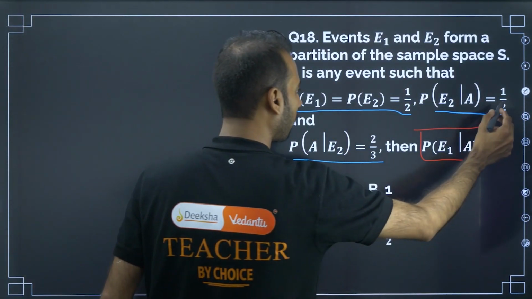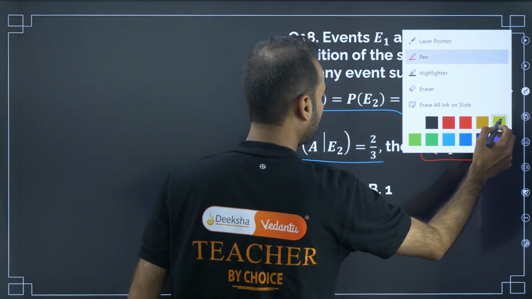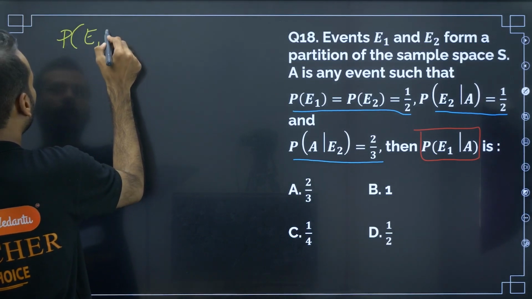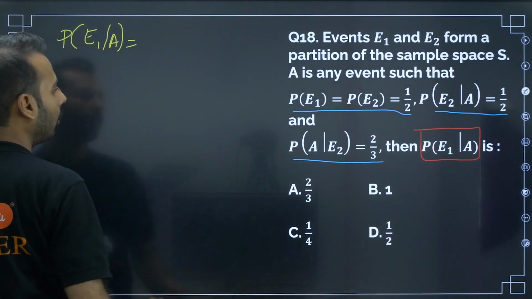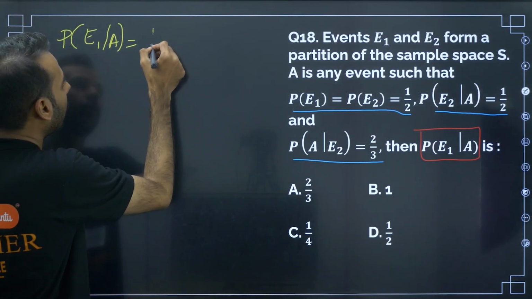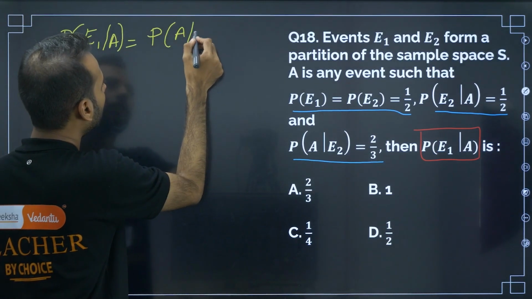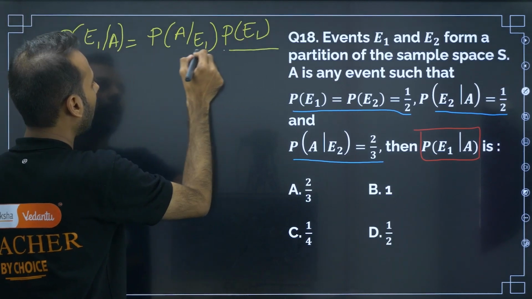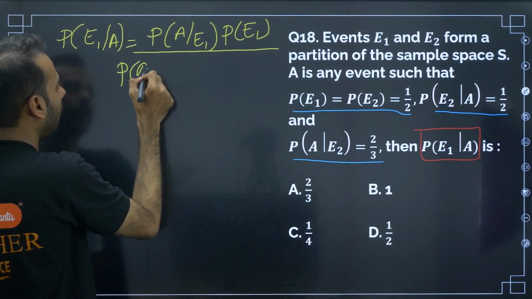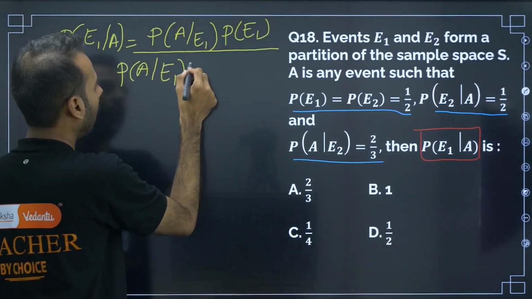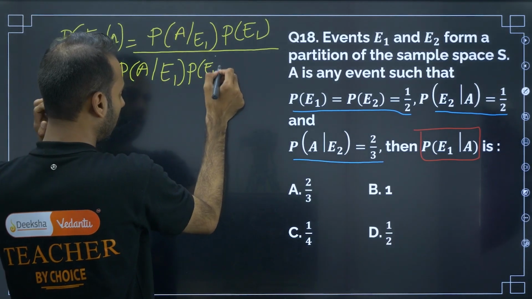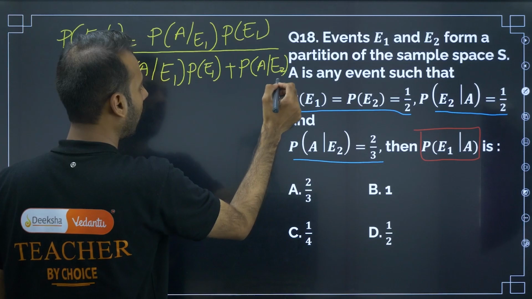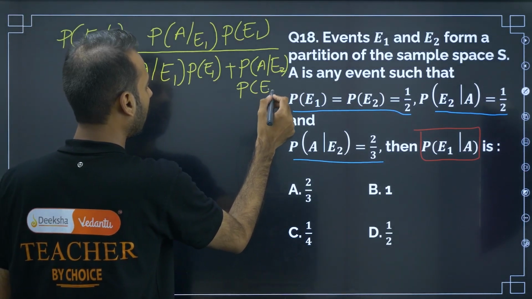Now how to solve this problem? Probability of E1 given A. For this, probability of E1 given A is equal to probability of A given E1 dot probability of E1, divided by probability of A given E1 dot probability of E1 plus probability of A given E2 dot probability of E2.